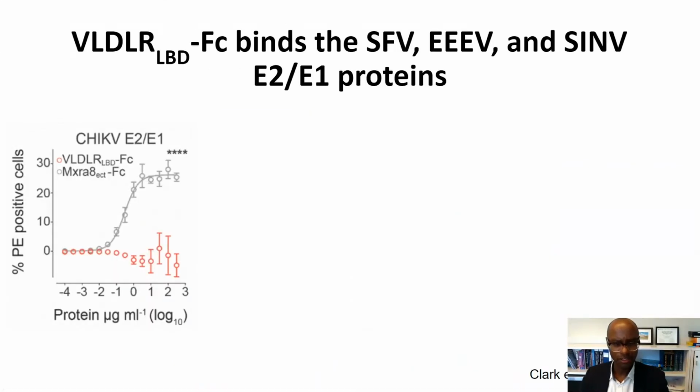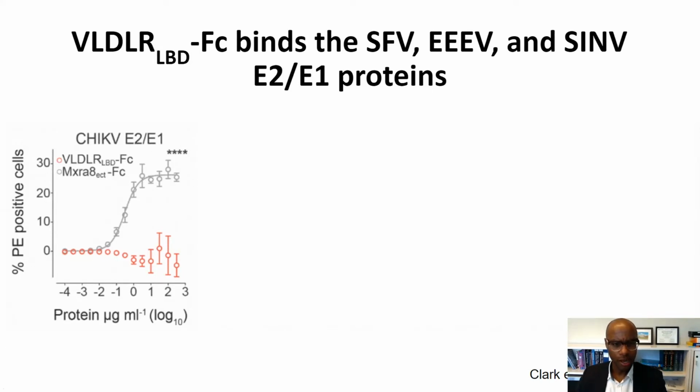And the way we did these assays is we took 293T cells transfected with the E2, E1 envelope glycoproteins, and then stained these cells with Fc fusion proteins that either contain the VLDLR ligand-binding domain fused to an Fc segment, so that we can stain with anti-Fc antibodies to detect cell surface binding of these constructs, or MXRA8 in this case, which is a control protein, which is a receptor for chikungunya virus, as I mentioned, identified by Mike Diamond's group over at Washington University in St. Louis.